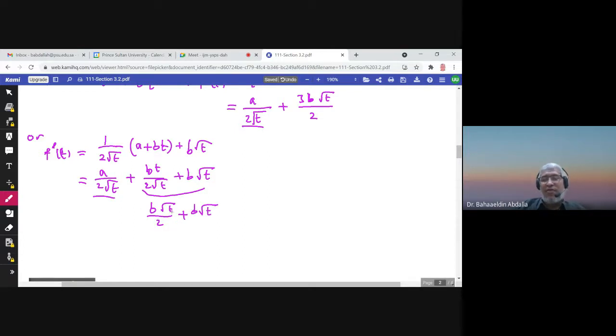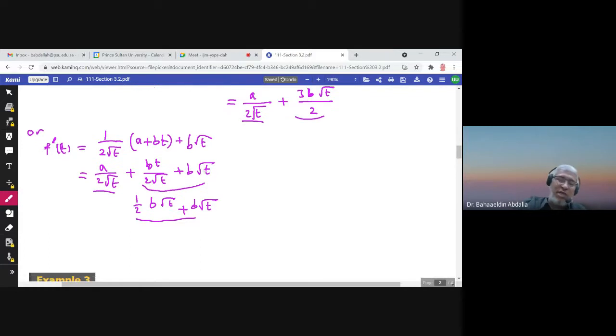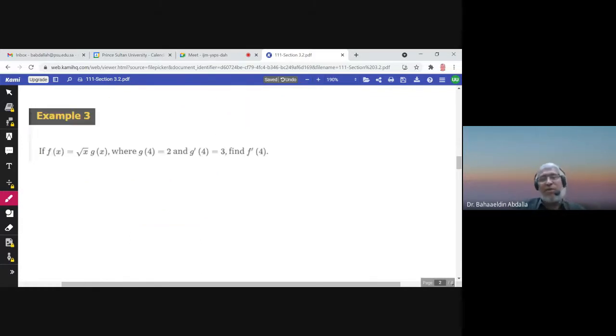This is half b square root of t. And this is 1 b square root of t. If you add the coefficients, you get half plus 1, which is 3 over 2 b square root of t. So you can see that this is exactly equal to this, and the answers are the same.